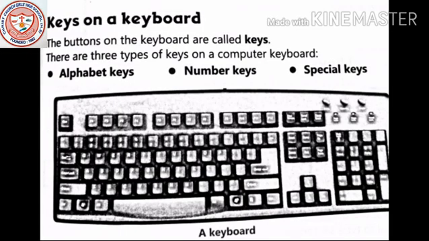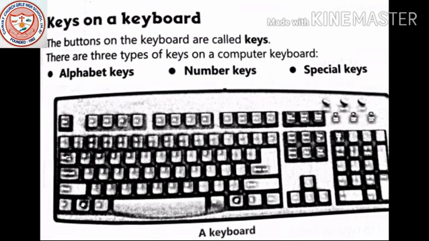There is a cursor which blinks from its current position on the screen. Wherever the cursor is, it will blink, means it will come and go, it will be blinking. So when typing a text with the help of a keyboard, the cursor blinks from its current position on the screen.